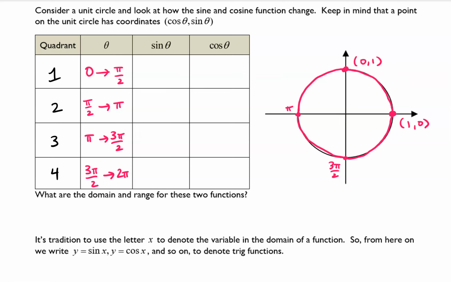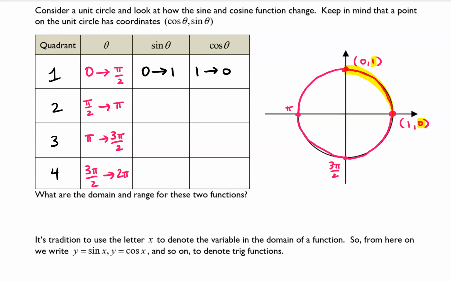So if we're thinking about sine of theta, as the angle gets larger and closer to pi over 2, the sine value is starting off at 0 and going towards 1. Okay, what about the cosine value? Well, cosine is starting off at 1, and as we get closer to pi over 2, it's going towards 0.